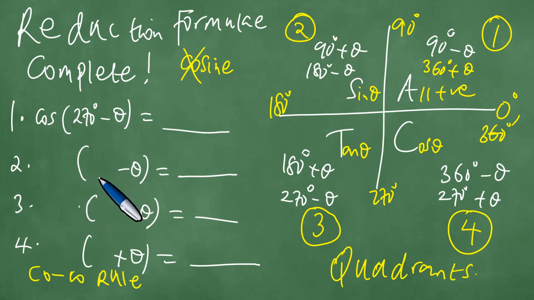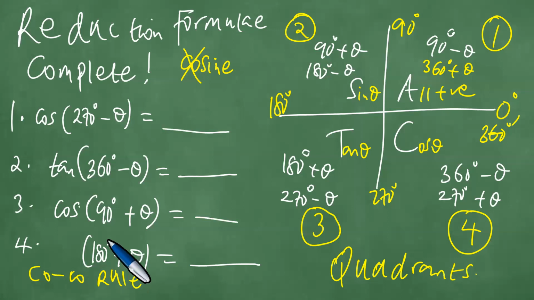The second one is going to be 360 degrees minus theta, and we can put tangent. Then here you have 90 degrees plus theta, and you put the cosine. And this one is going to be 180 degrees plus theta, and we can put the sine. Let's just do this.